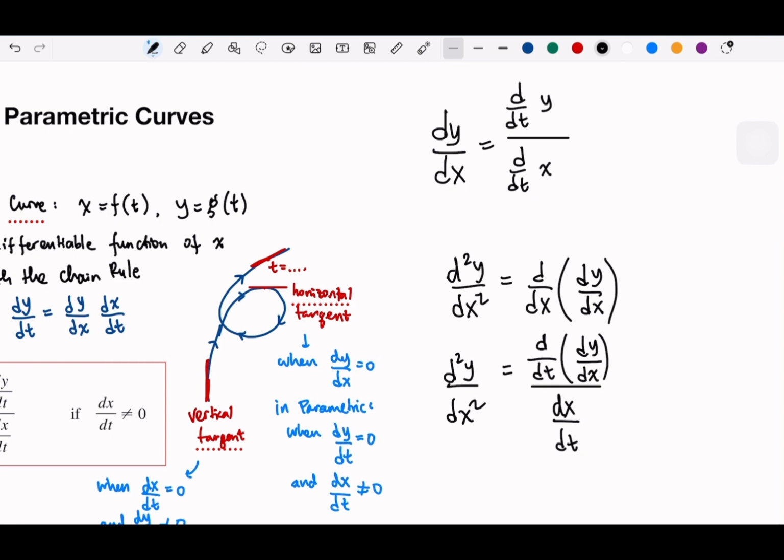So we cannot just take the top derived and the bottom derived. It seems like we just derive with t on the top and on the bottom, that seems to be the pattern, but that is not correct. The correct one is we take d dt for each one of them, but for this one, we need to keep this as dy dx because they are connected.